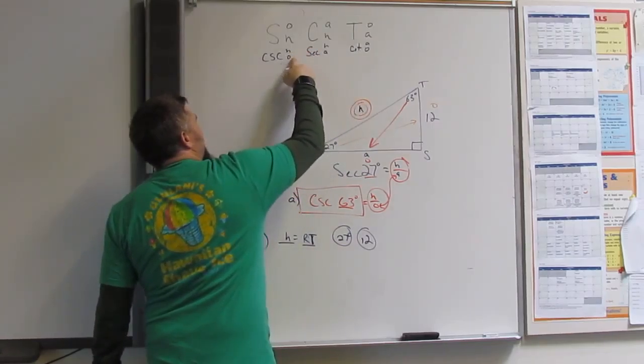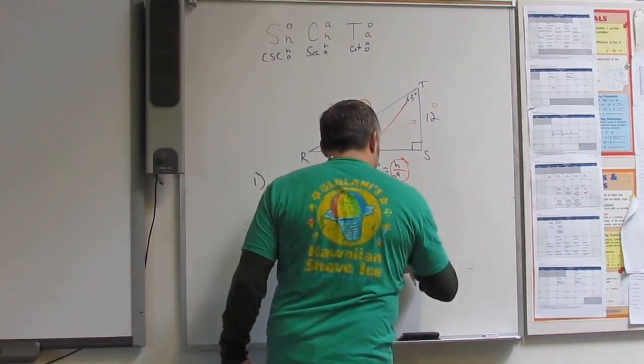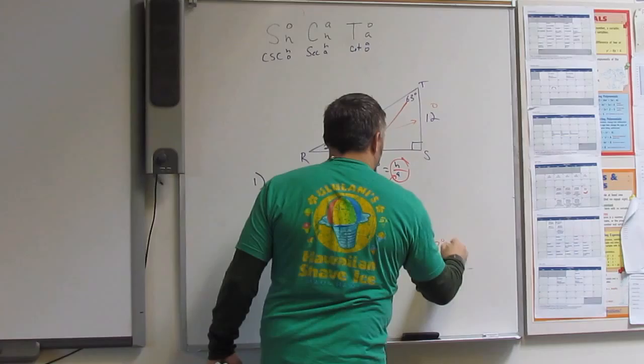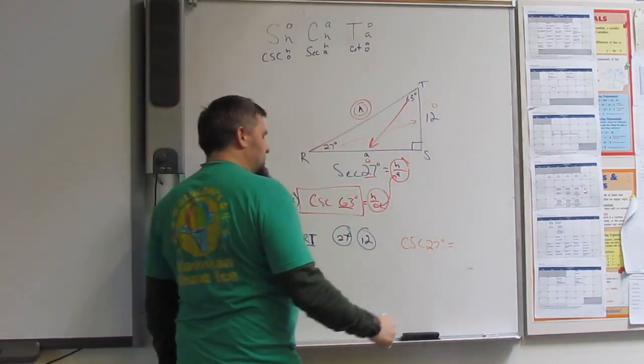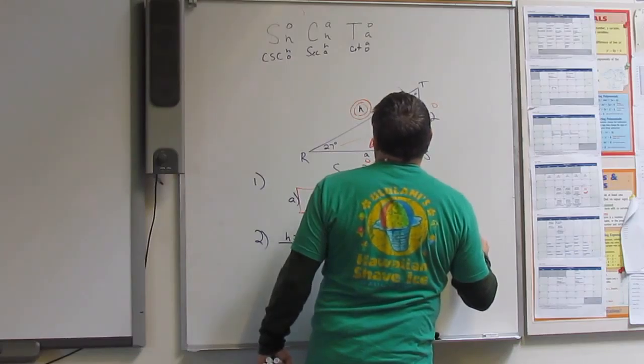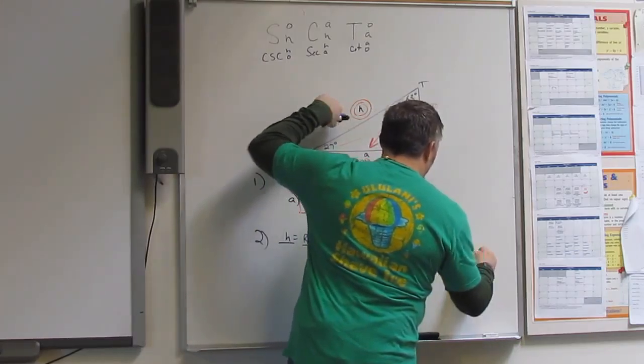So H over O would be cosecant. So cosecant of 27 degrees is equal to H, or RT, over 12.